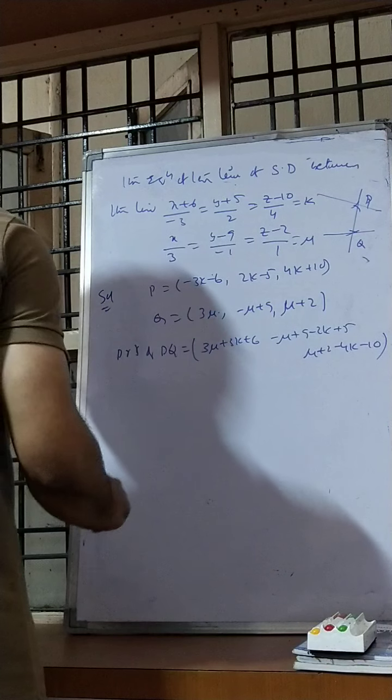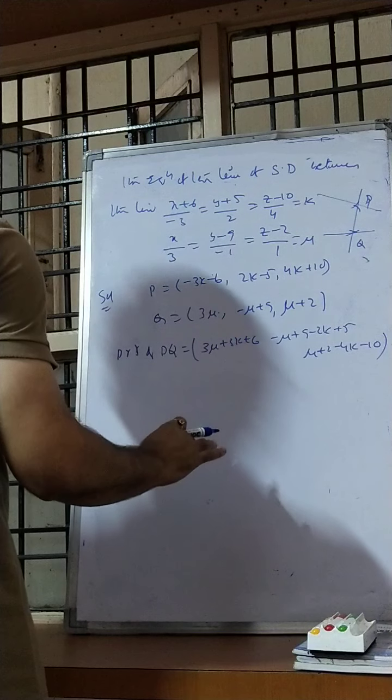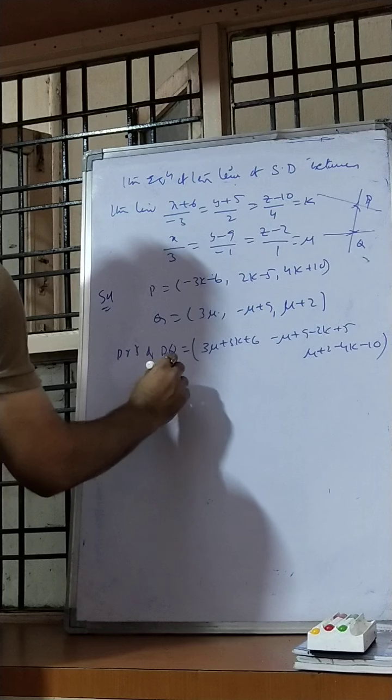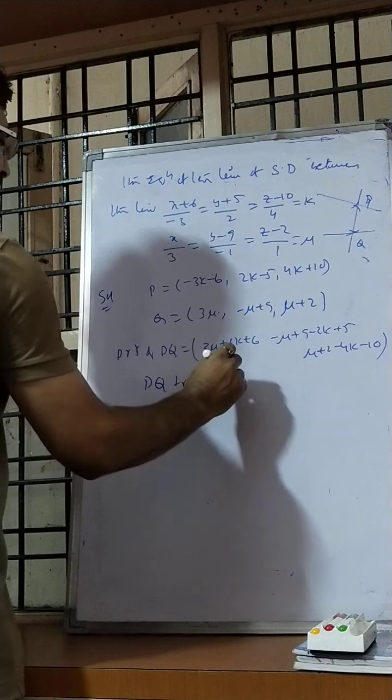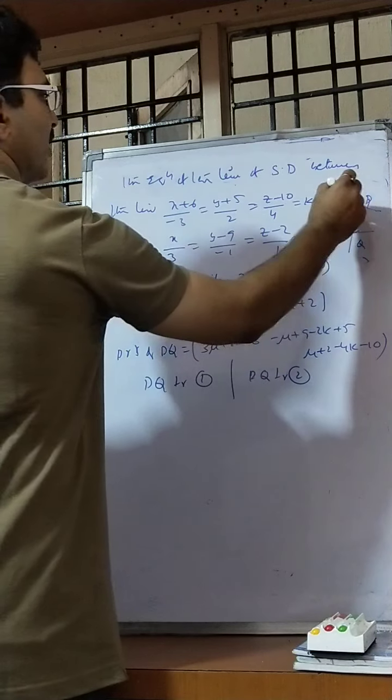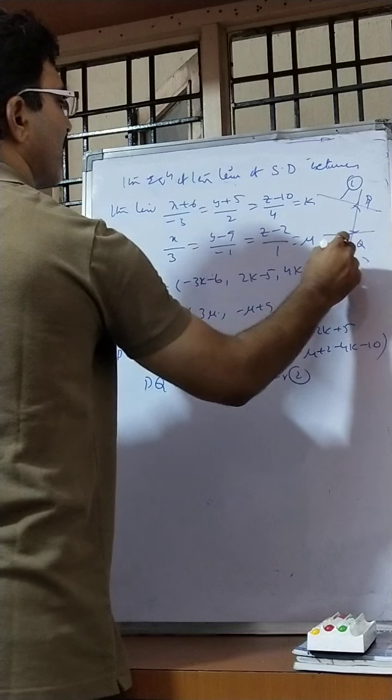After getting drs of PQ, what is the condition? PQ is perpendicular to line 1, and PQ is perpendicular to line 2. This is one equation, this is second equation.